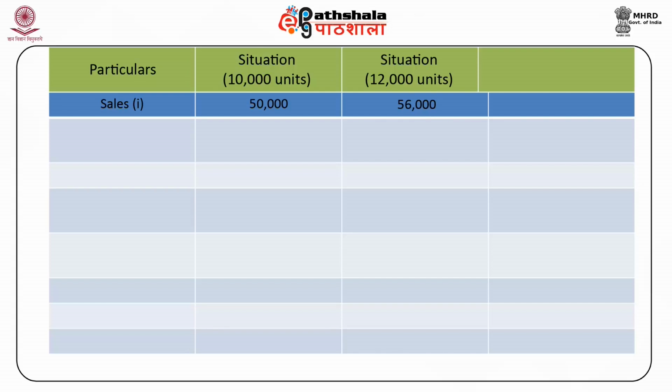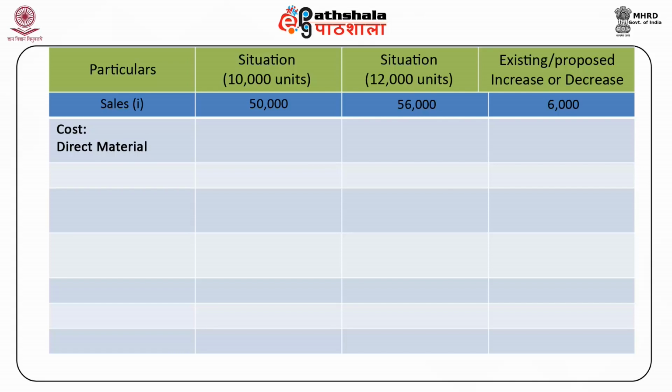Since we are already given the profit figure of the existing situation, that is rupees 5,000, we shall calculate the same for the proposed situation, that is when the number of units is 12,000. Here, sales would amount to rupees 50,000 plus rupees 6,000, that is rupees 56,000.